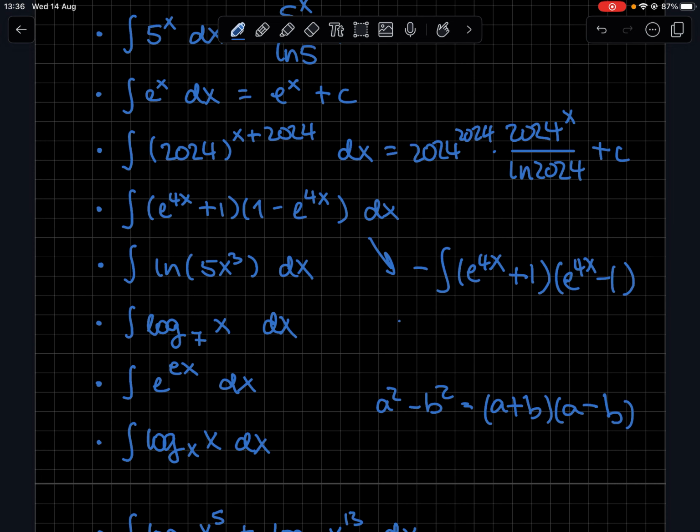So I can expand it and write it as the integral of e to the power of 8x. Since we have to square it, we're going from here to here. And then we're going to have minus 1 dx, right?